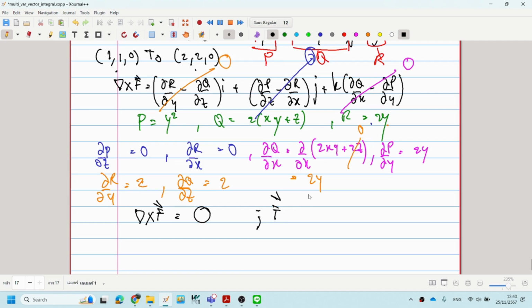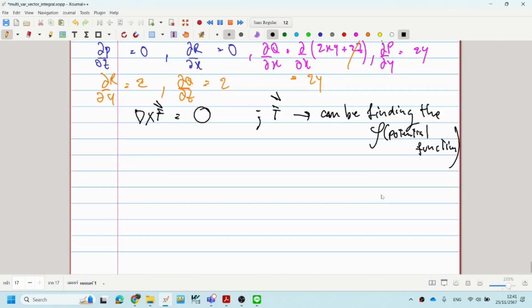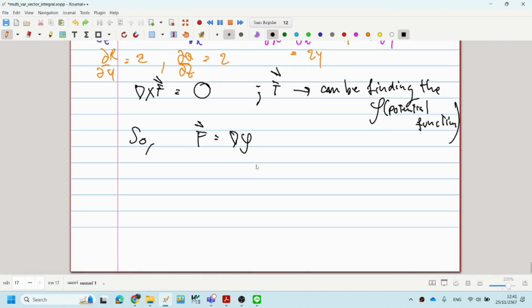The potential function can be found, right? It can be found. Then you got another formula: vector f can be ∇φ, right?